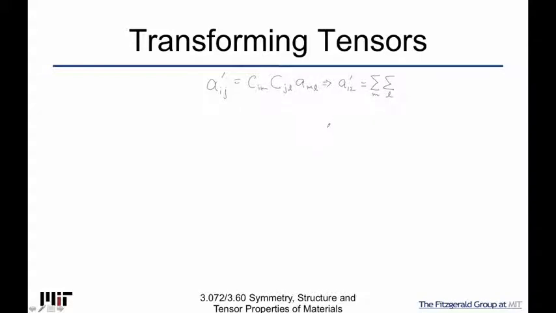It means that we're summing over those variables. So I'm just being very complete here. And the 1 says that i is 1. So this is c_1m. And then j is 2 in this example. So c_2l a_ml.